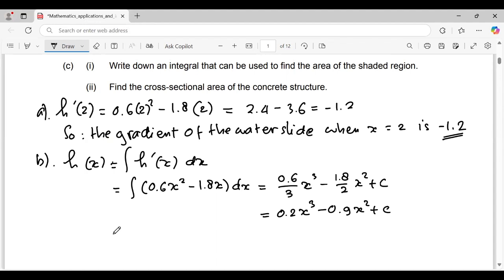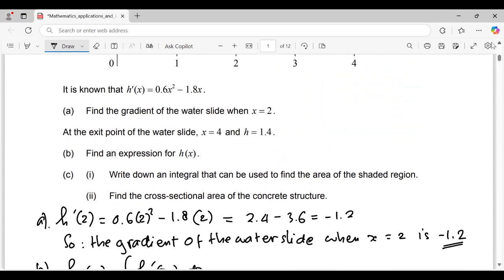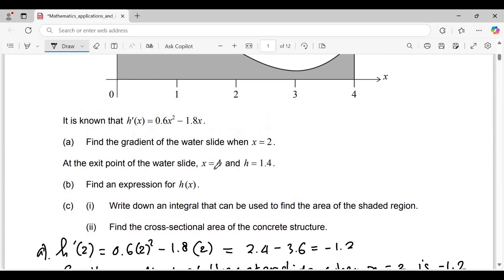Now, we're going to substitute h equal 1.4 and x equal 4 into h(x), because we are going to find c, okay? Because according to the information that x equal 4 and h equal 1.4.